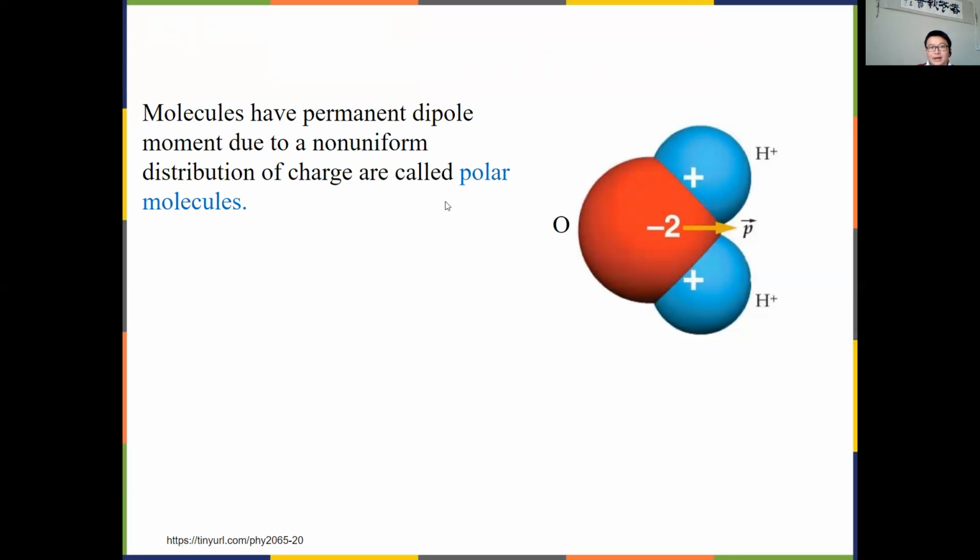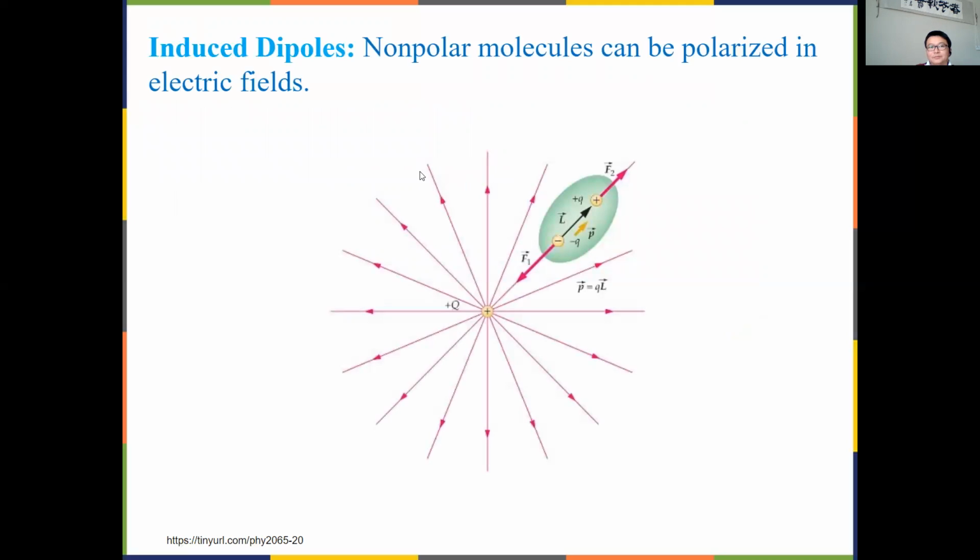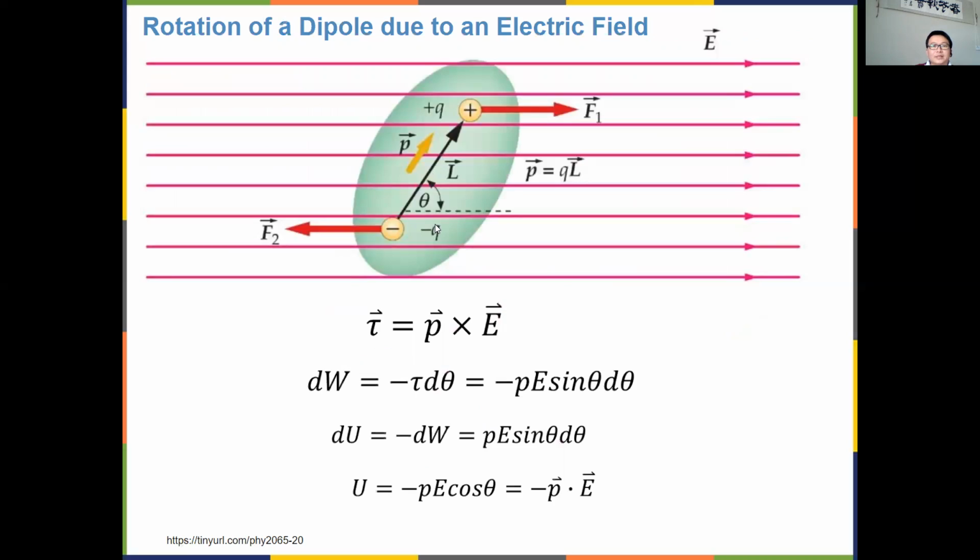Otherwise they are called non-polar molecules. But in that case, if you have an external field present, then you can still make these non-polar molecules become polarized molecules, because of electrostatic interaction there.